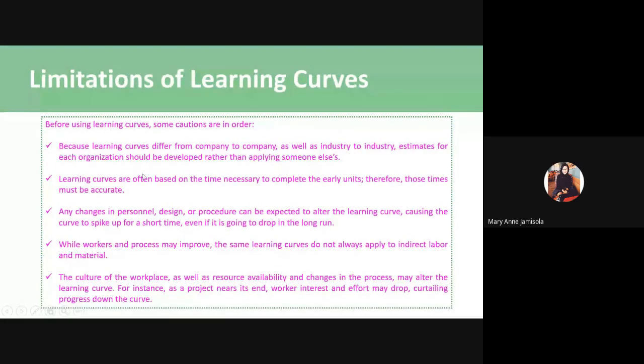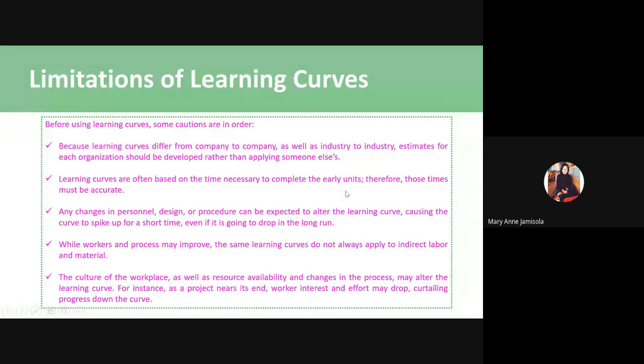The limitations of learning curve. Learning curves differ from company to company as well as industry to industry. That's why you should not use someone else's learning curve rate. You have to develop your own learning curve rate. Then learning curves are often based on the time necessary to complete the early units.